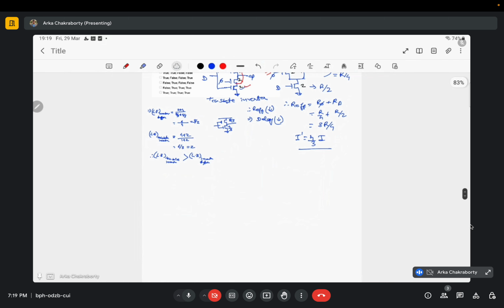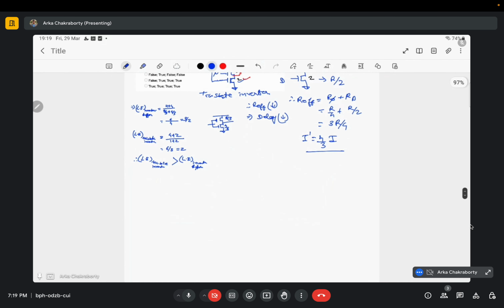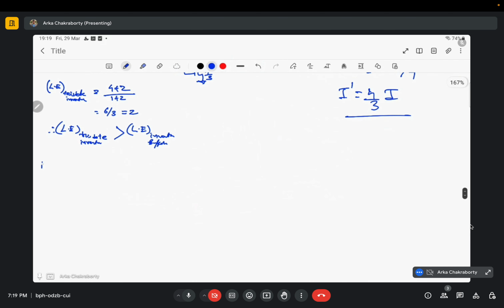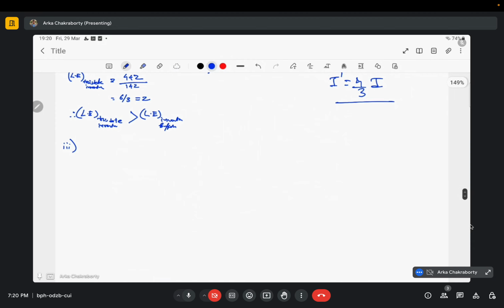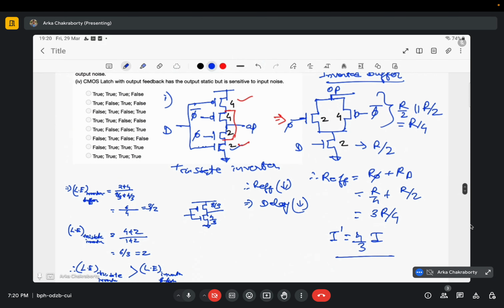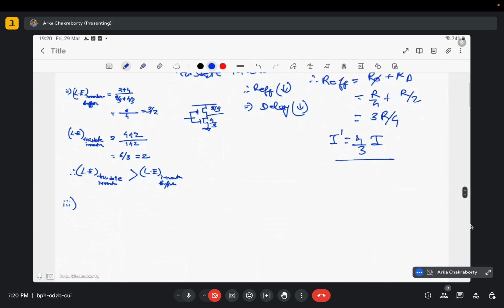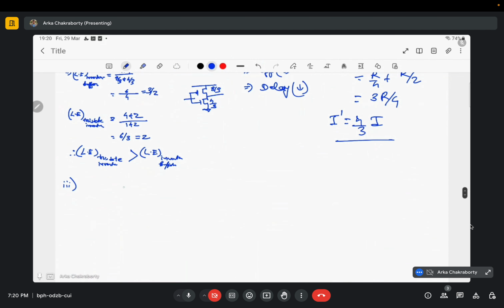Fine, you guys can always zoom it and you can see it in the PDF version. So number 3. Okay, so let me draw CMOS latch with output feedback and input inverter. There is an inverter in the input.